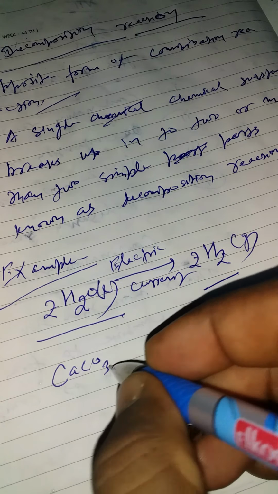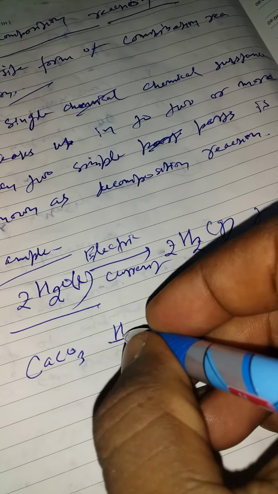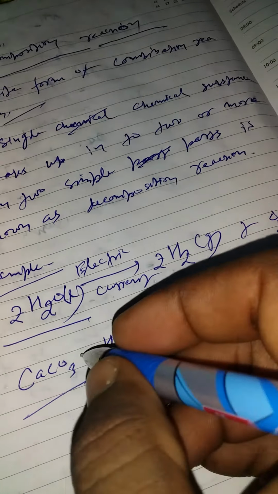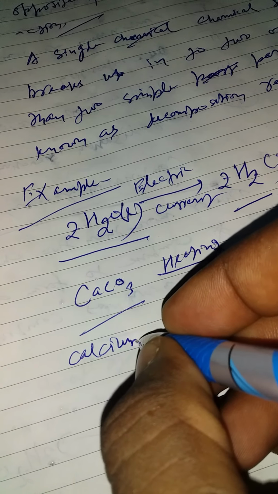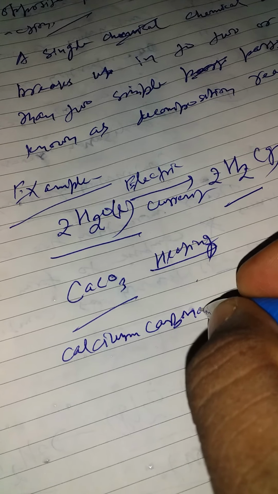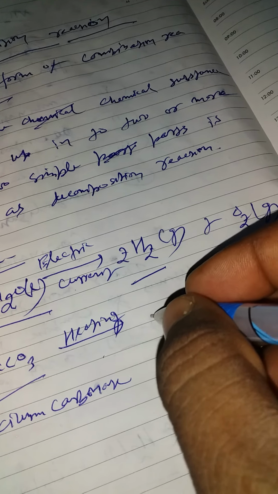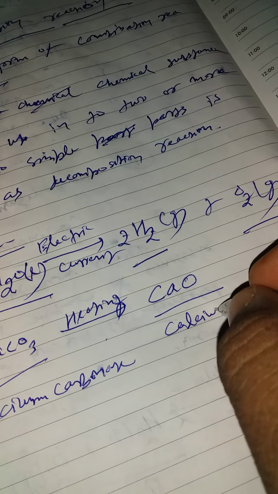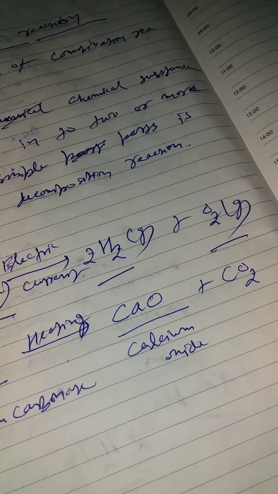When calcium carbonate is heated, that means heating of calcium carbonate, CaCO3, it breaks up into CaO, calcium oxide, and carbon dioxide.